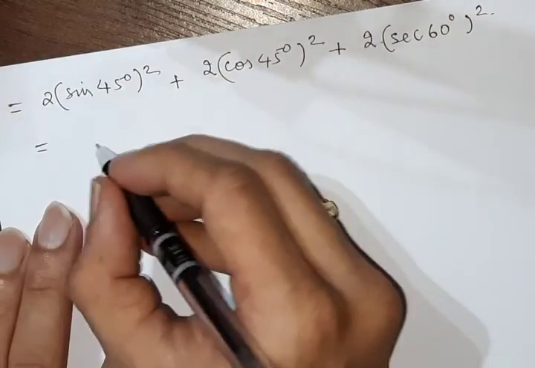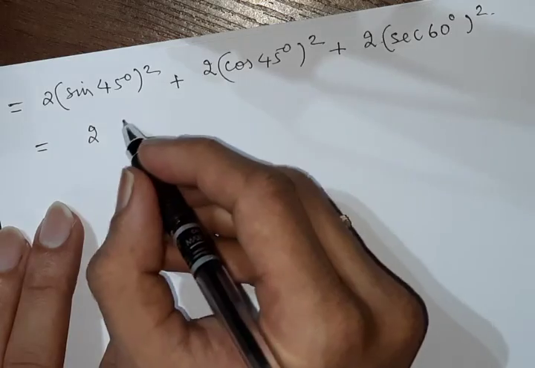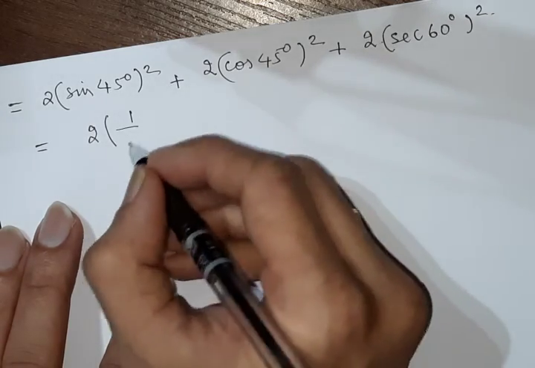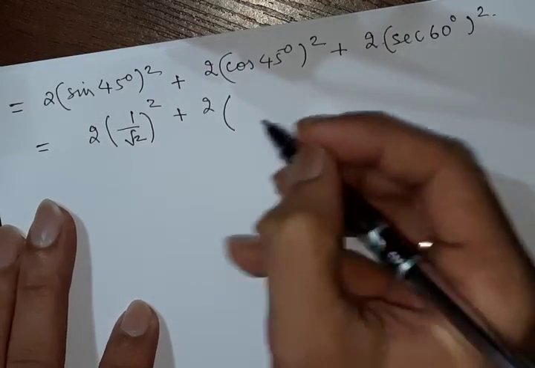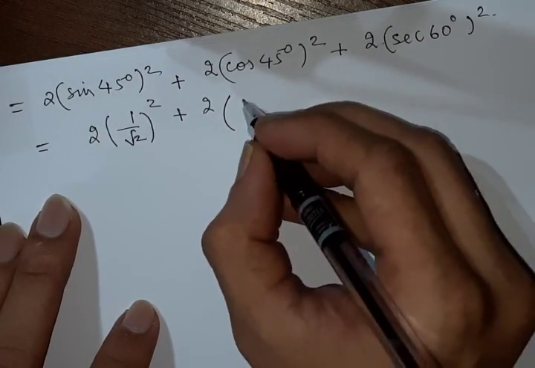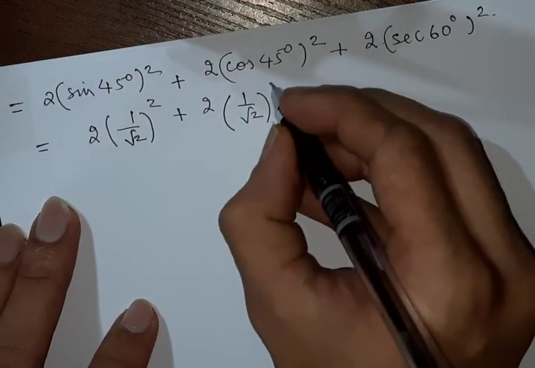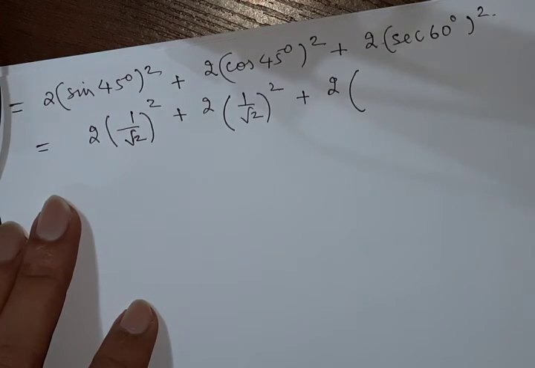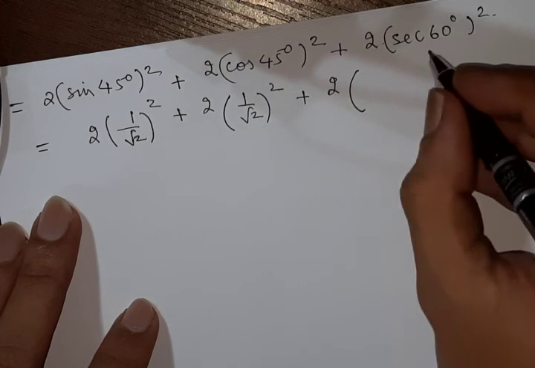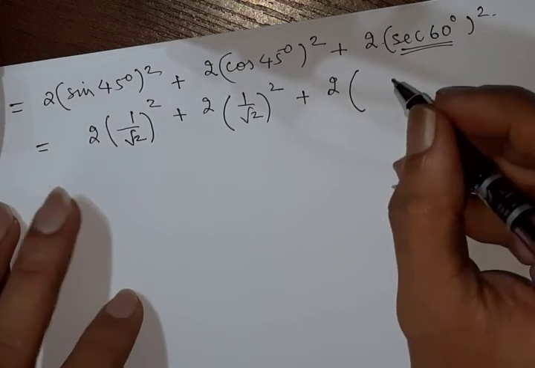Now what you will get here, 2 times sine 45 is 1 by root 2, okay, the whole square, plus 2 times cos 45 is 1 by root 2 the whole square, right, plus 2 times sec of 60 is what?